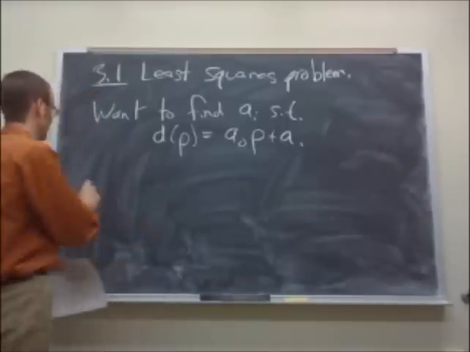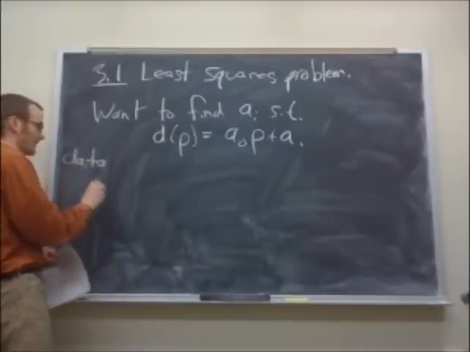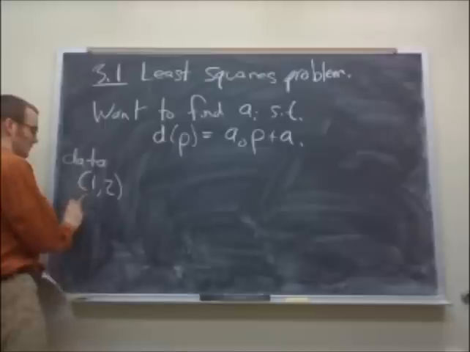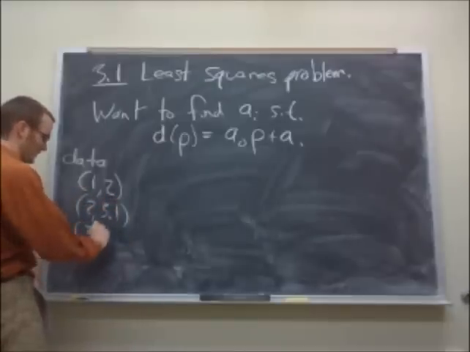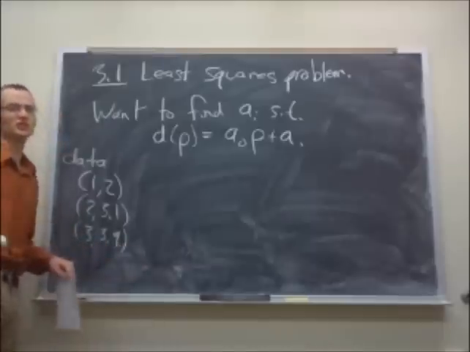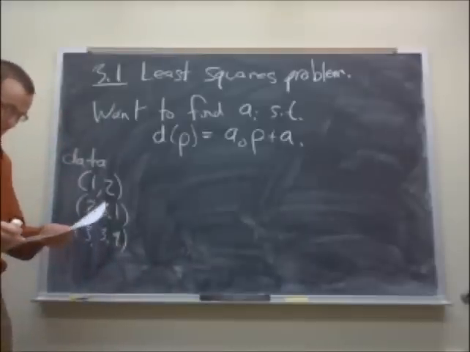Let's do an example. Let's say for a second our data is (1, 2), (2, 3.1), and (3, 3.9). Just three points to be simple, right?